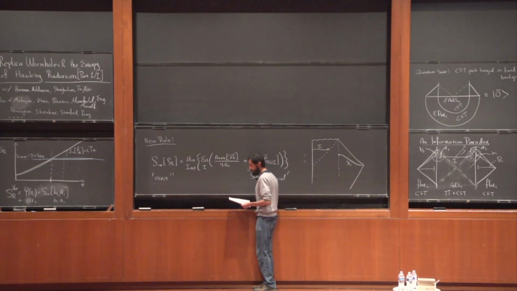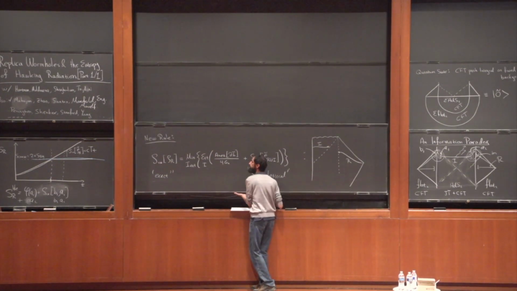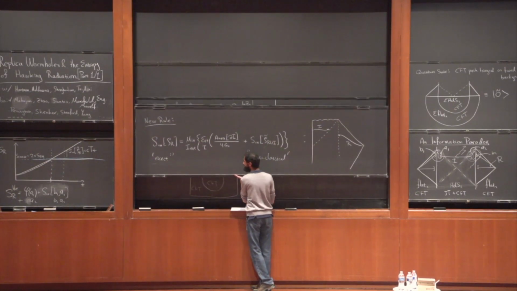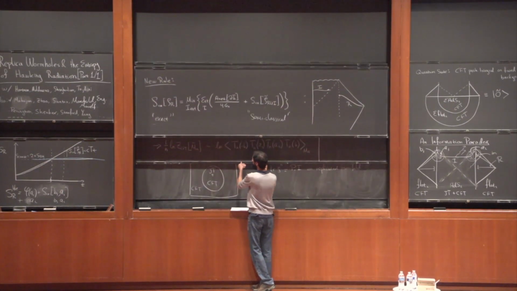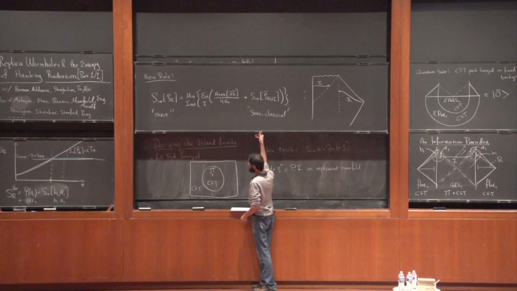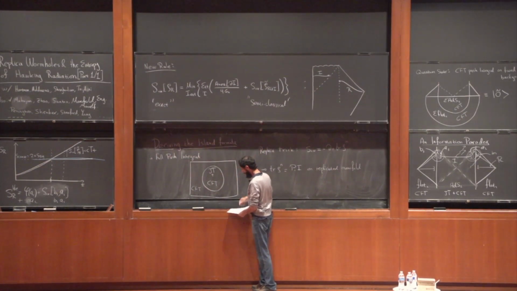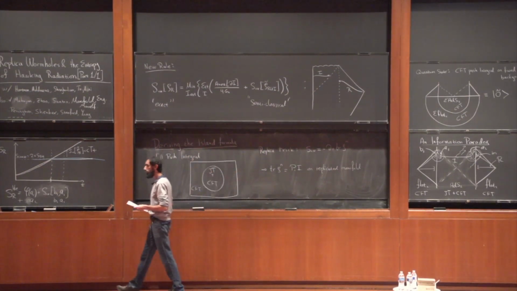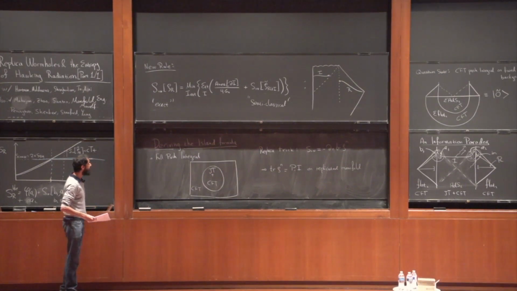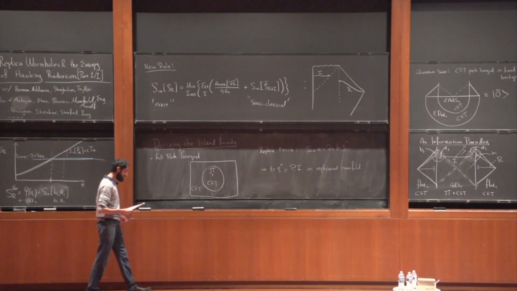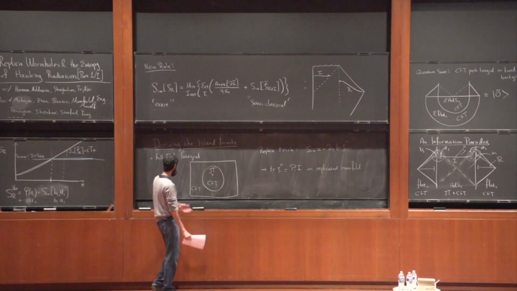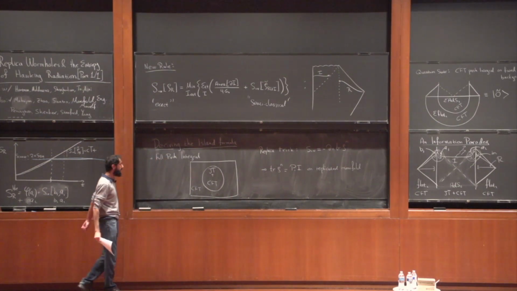Now let's talk about deriving the island formula. To do so, we need to consider the full path integral of this theory, which is what I'm drawing here. This is in Euclidean space.